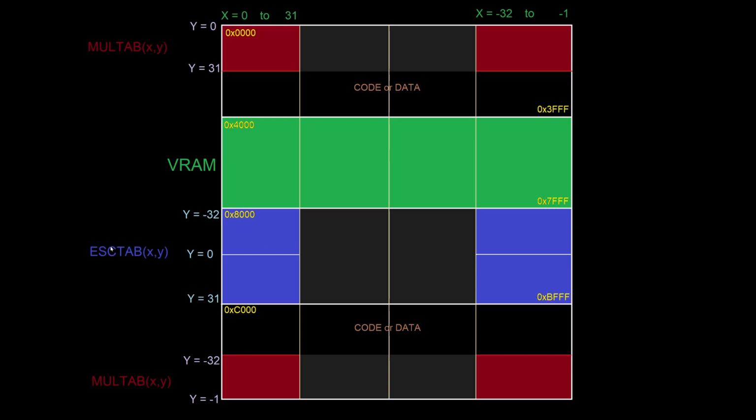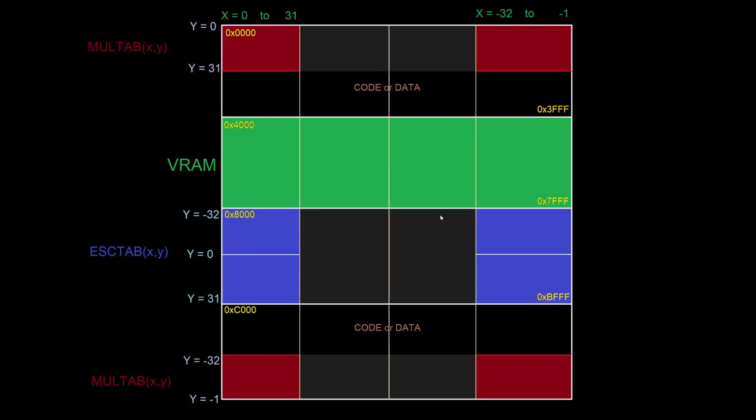It's easier to say. This is the escape table. Every one of these squares, the four big squares, is 16K of RAM. The video RAM is placed here. Here is my escape table, x, y, minus 32 to 31 for x and y. These are the ranges, so it's 64 vertically.